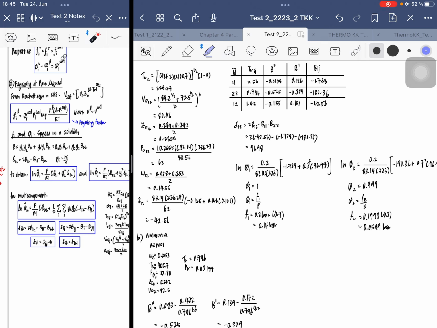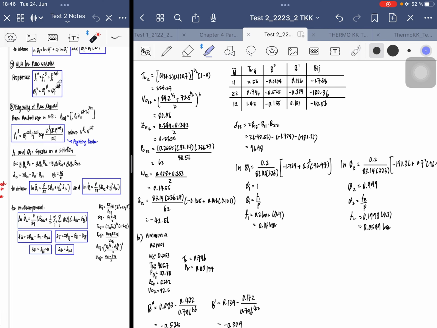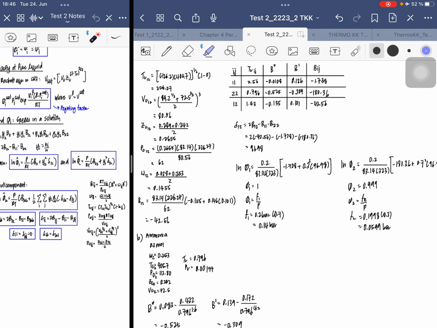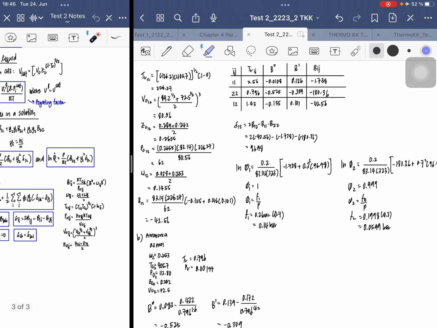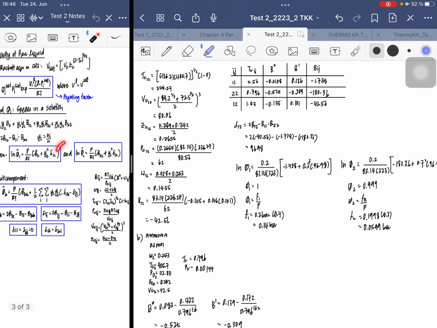So these are the equations, which involve B11, y2 squared, and delta 12. These are the equations that you want to highlight in your textbook, which are this and this and this.